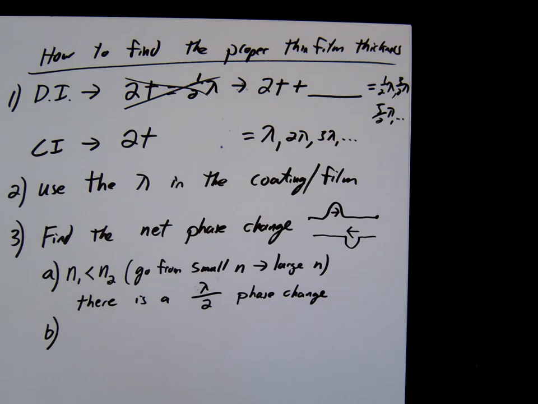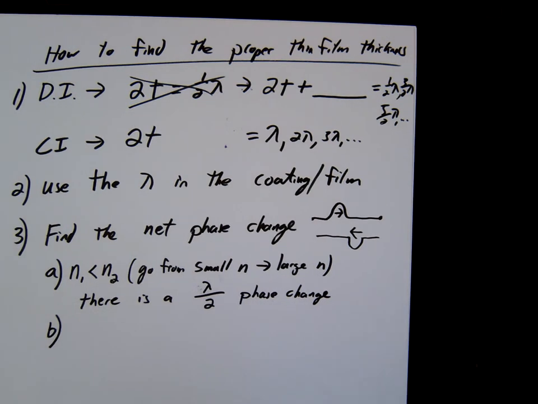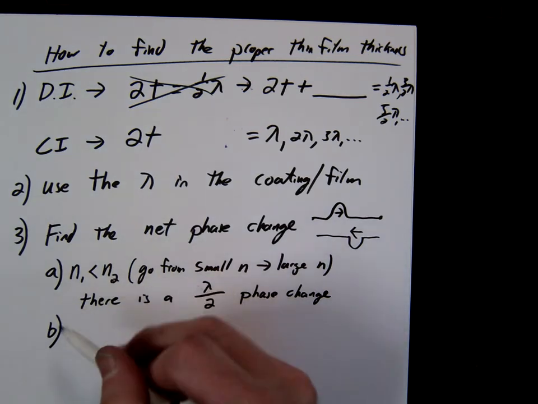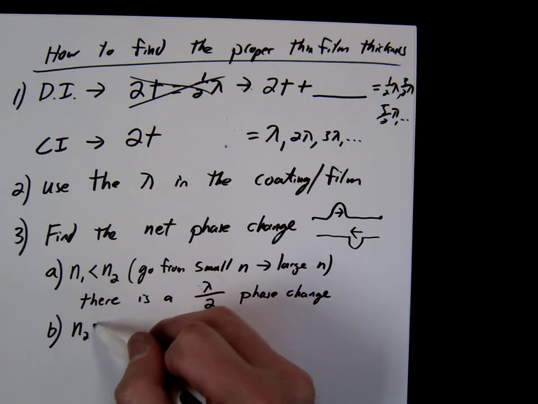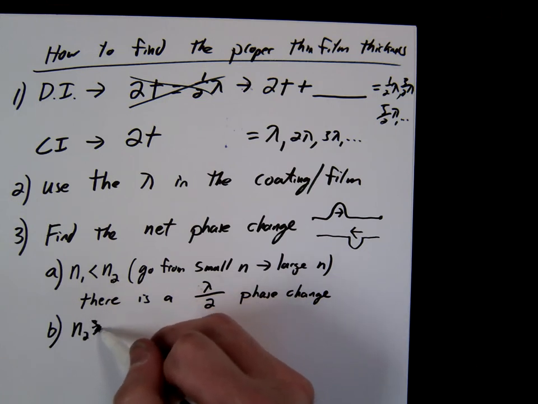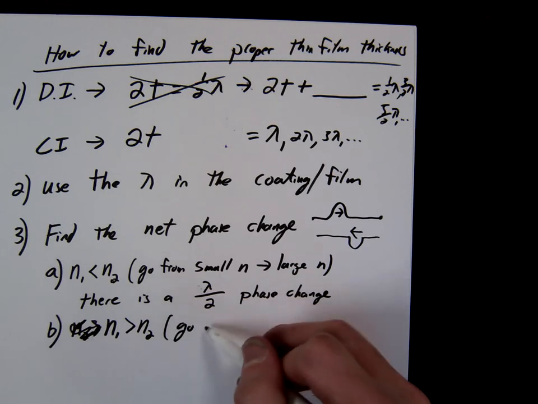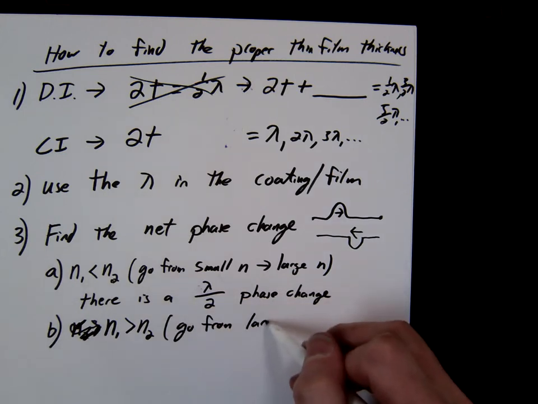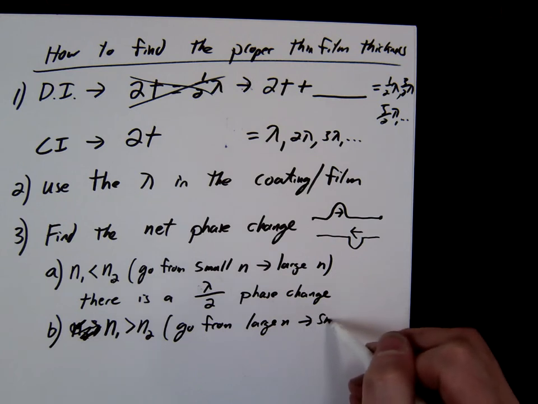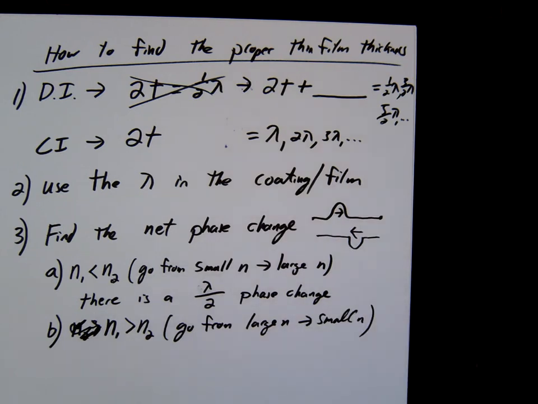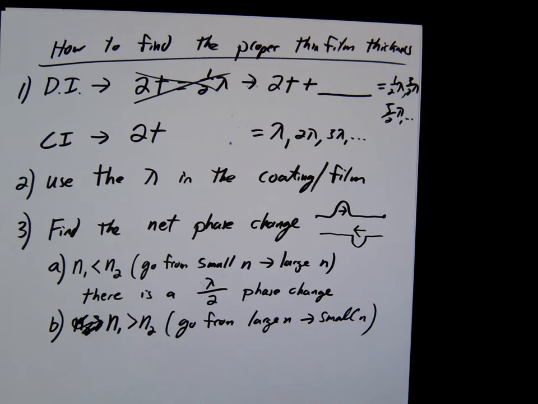Okay? You could probably write B for me. What am I going to say on B? If what? Yep, if N, actually I didn't want to start with N2, let's start with N1. If N1 is greater than N2, so in other words, you go from large N to small n, what do you think?